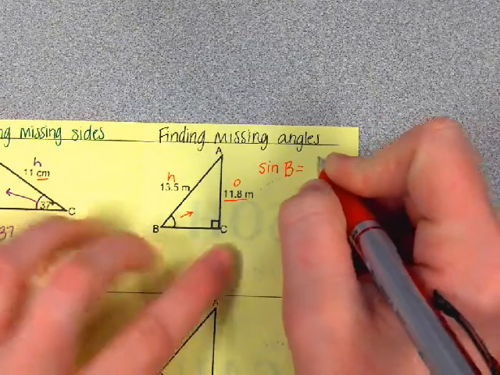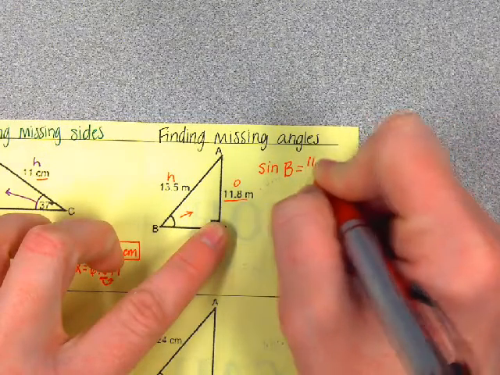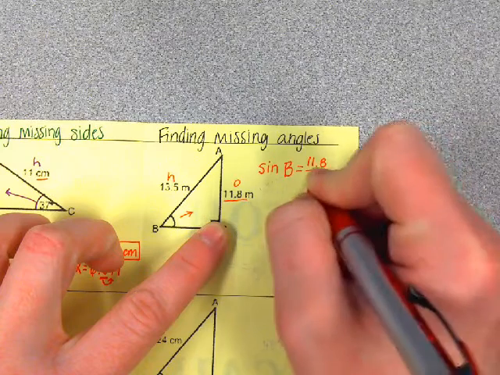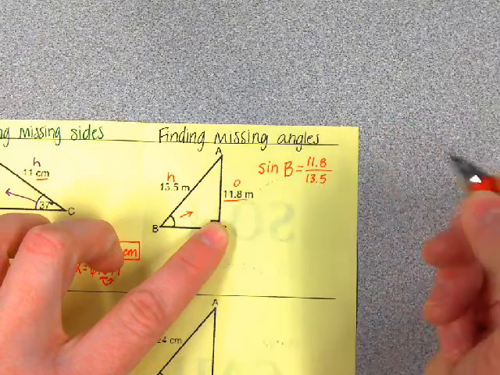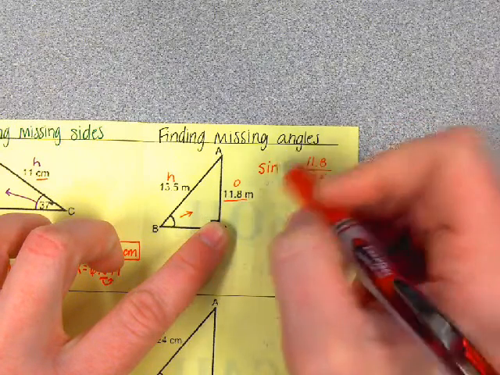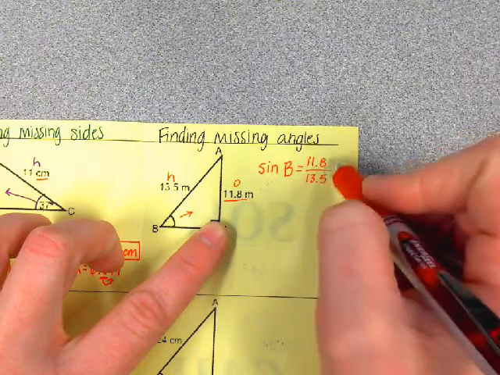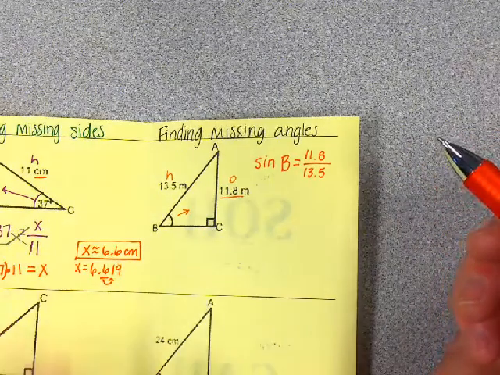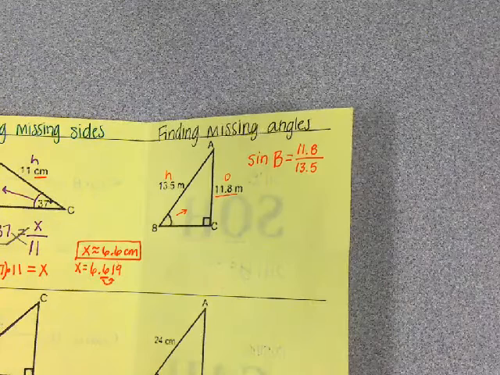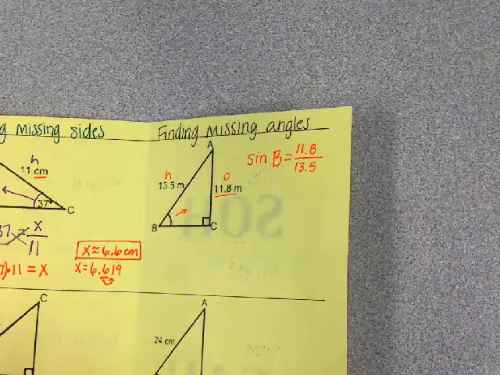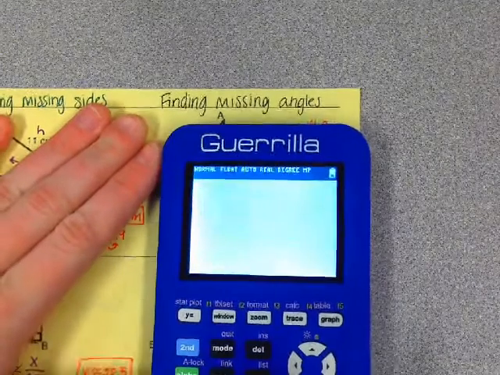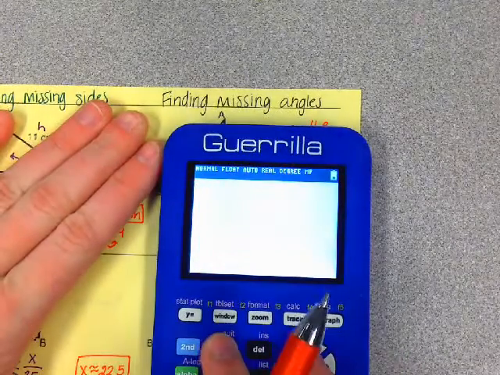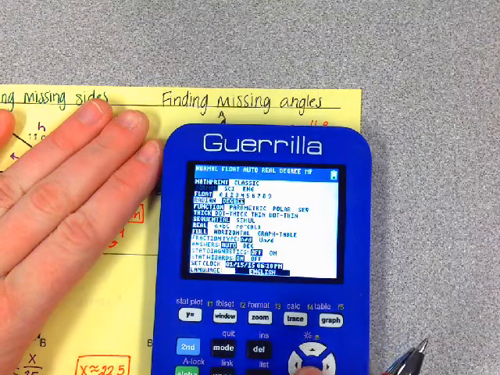Sine of angle B is equal to opposite, which is 11.8, over 13.5. You can type that in your calculator to find out what it equals. But first thing I'm going to do is make sure that my calculator's in degree mode again. So hit mode.